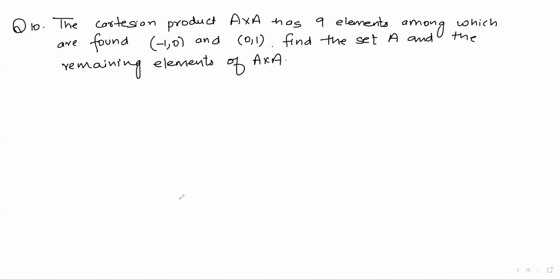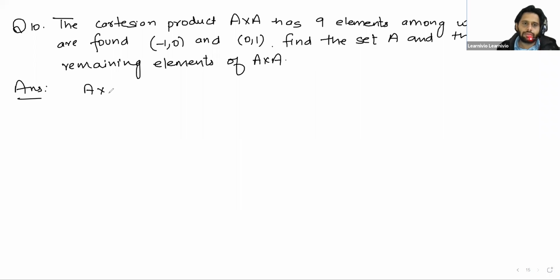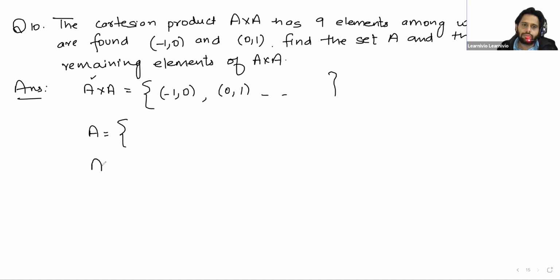So this is the Cartesian product A cross A, which has 9 elements, among which are found these. Can you tell me, Safan, how many elements are there in set A? 3. Very good. Now this first value belongs to the set, so this should be -1.